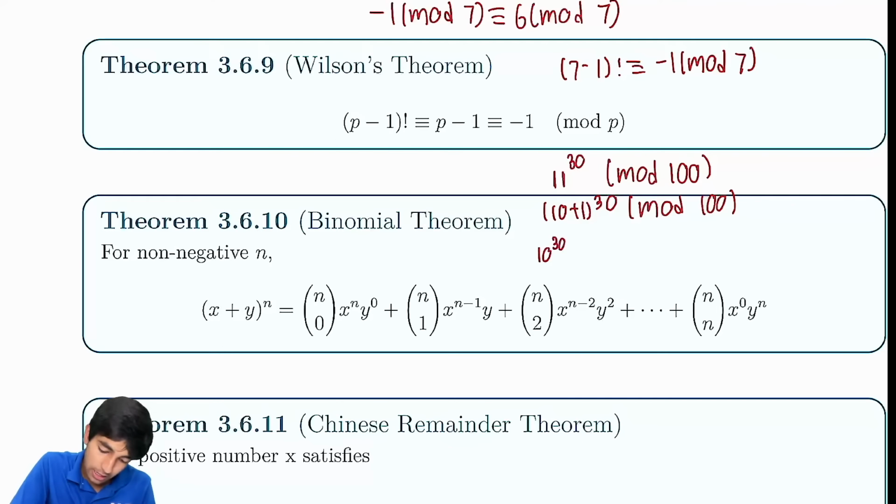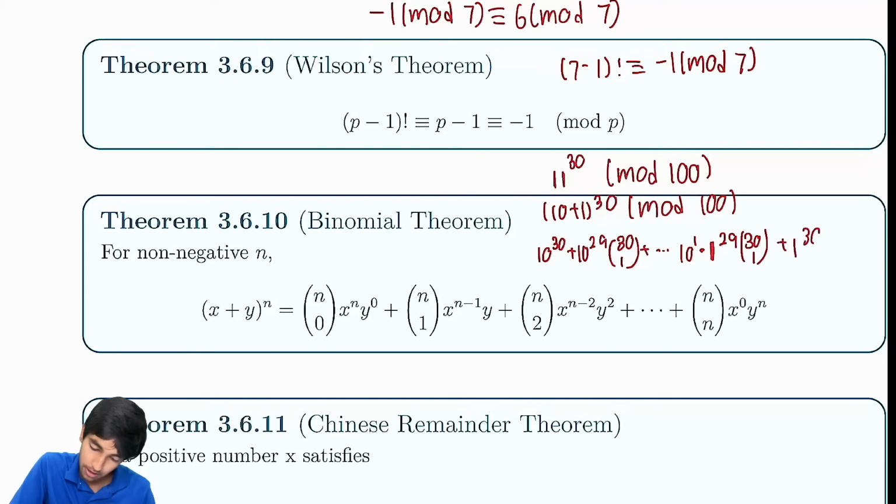We're going to have 10 to the 30 plus 10 to the 29 times 30 choose 1, and so on, all the way until 10 to the 1 times 1 to the 29 times 30 choose 1, and then plus 1 to the 30. Take a look at this. Every term from here all the way till here has a 10 squared factor in it. So they're all 0 mod 100. We just care about these last two terms.